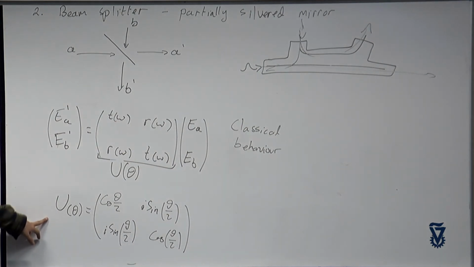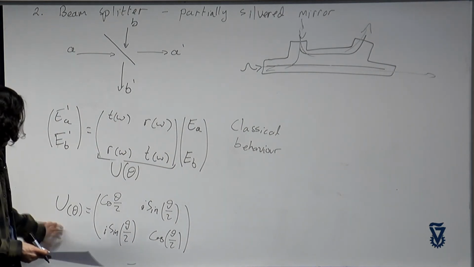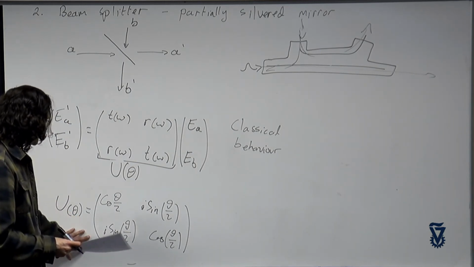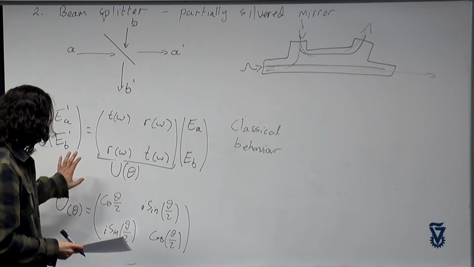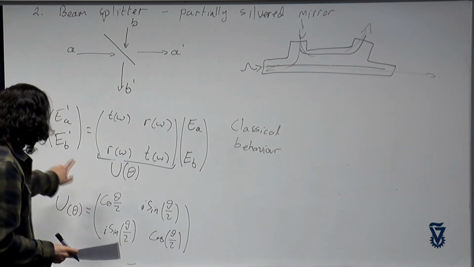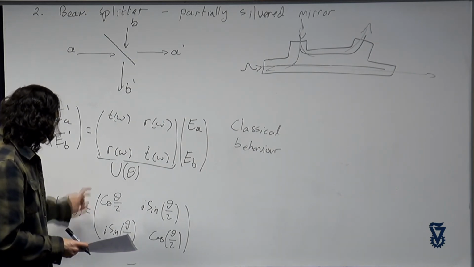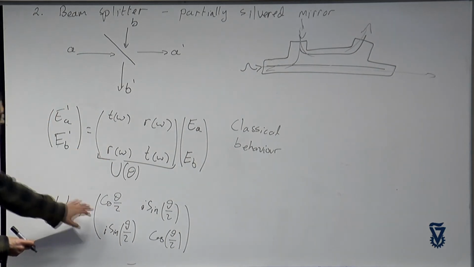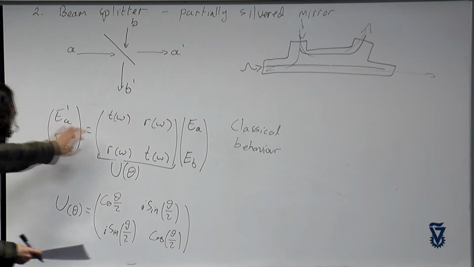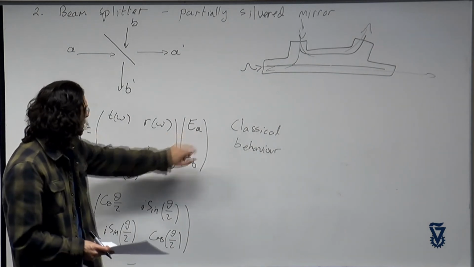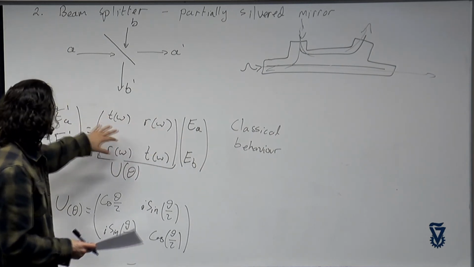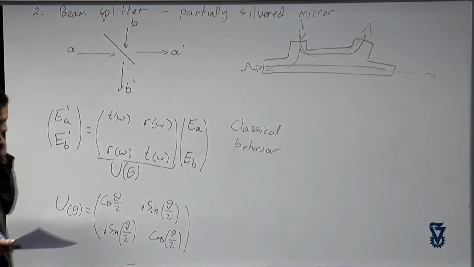So this is the unitary, sorry, it's a rotation operation that describes this matrix over here. All it says is that this field that's incoming is going to be split into a reflected part and a transmitted part. This is all this thing is saying.